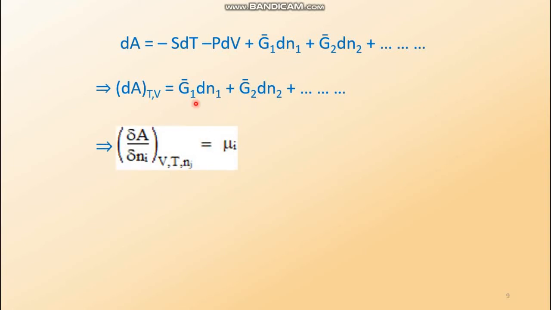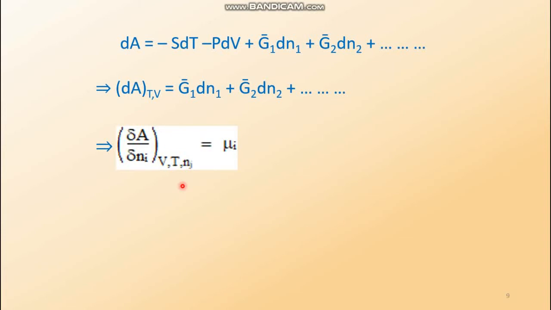If both sides are divided by dNi, then it has the expression: partial differentiation of A with respect to Ni at constant volume, temperature and Nj, where I is not equal to J. Then this is another expression of chemical potential, mu I.